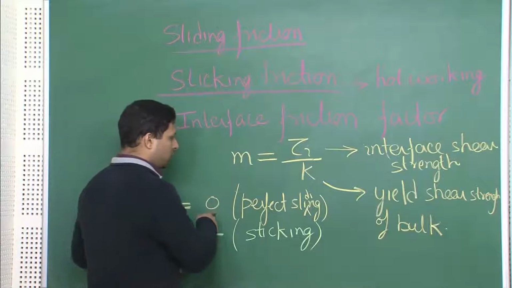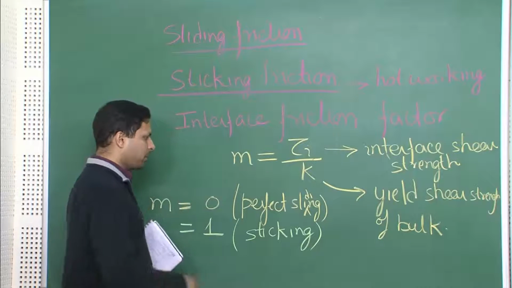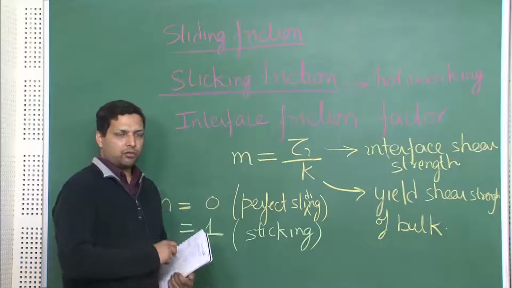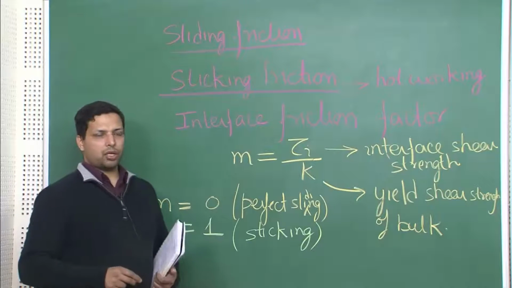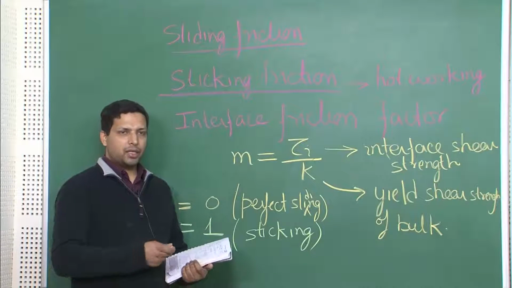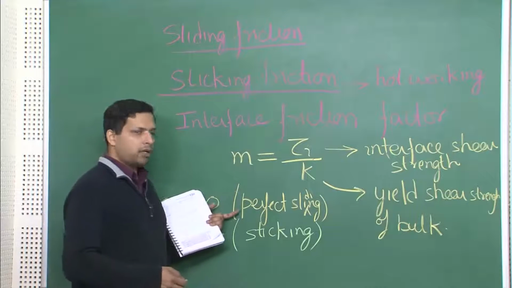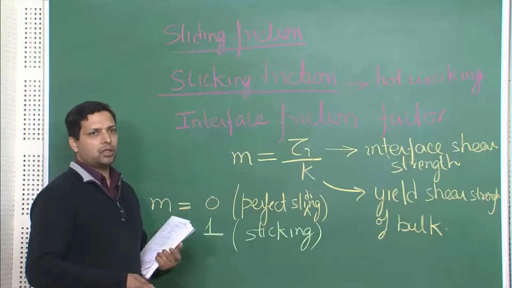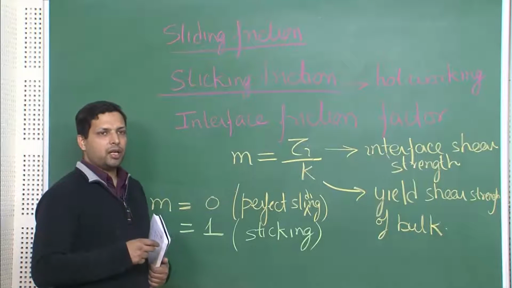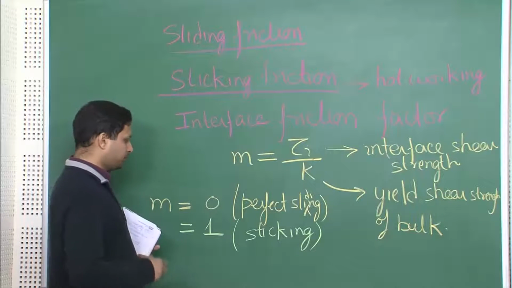When m is equal to 0, it implies it is perfect sliding. Therefore, if you are talking about the die and the workpiece, then the die and the workpiece can completely slide, and this is the condition we assumed when we took that plane strain indentation example.